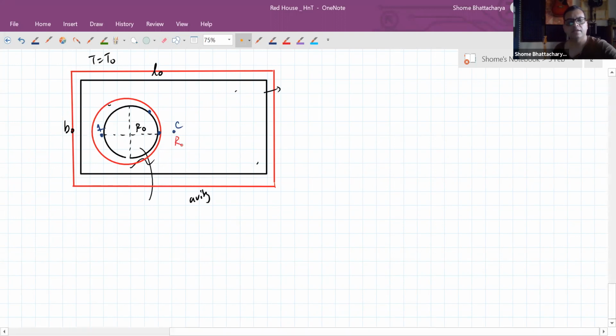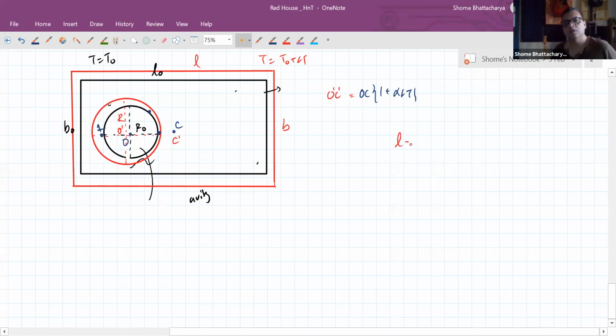So compared to that, the center of the circle, if it was over here, this point O, let's say, now that would have gone somewhere here to this point O prime, because even this distance O prime C prime will be the original distance OC into 1 plus alpha delta T. So this is how the dimensions will look at a new temperature, T naught plus delta T.